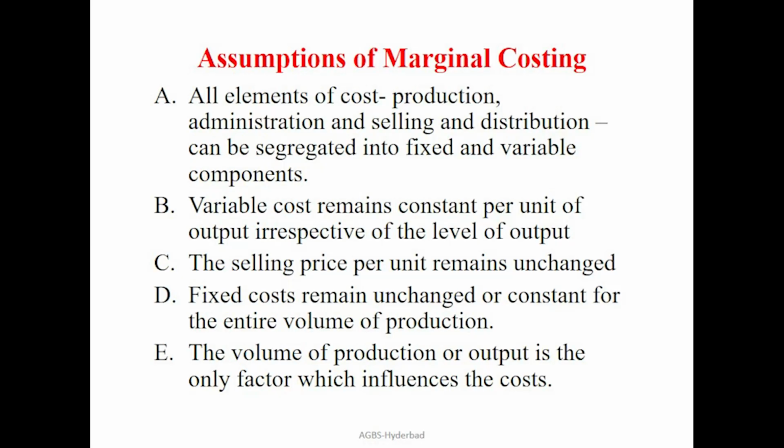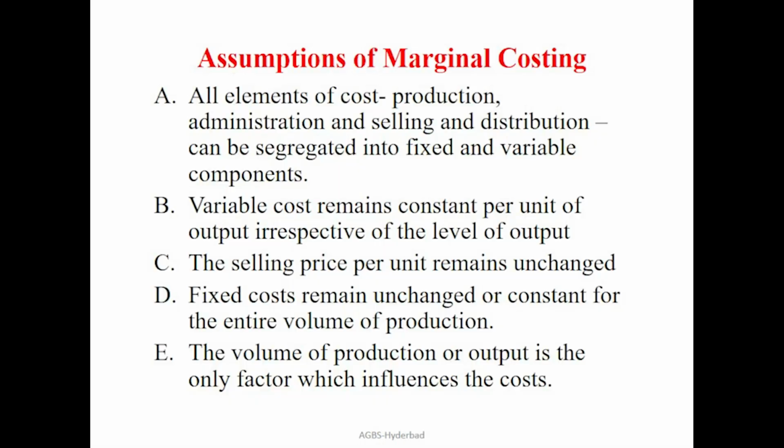Variable costs remain constant per unit of output irrespective of the level of output, the selling price per unit remains unchanged, and fixed costs remain unchanged for the entire volume of production. That means the selling price remains unchanged in the market, fixed costs are unchanged according to total production, and the only change is in variable costs, which are constant per unit, not for the total production.